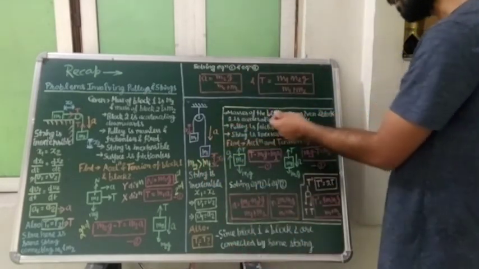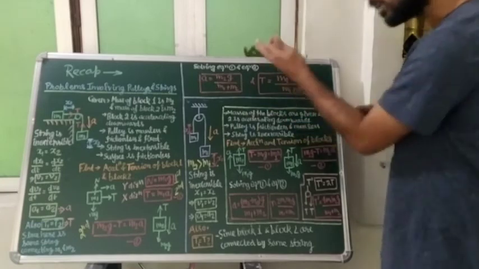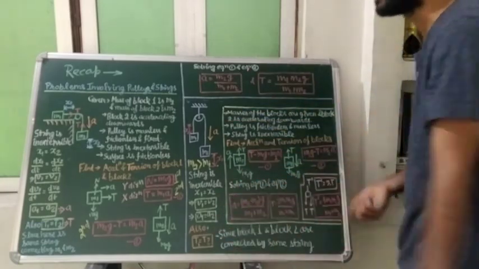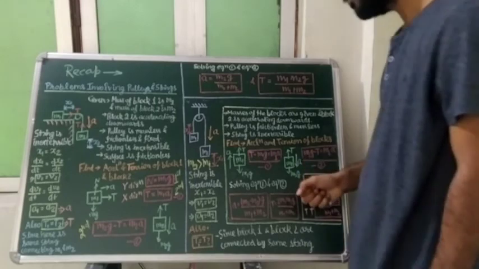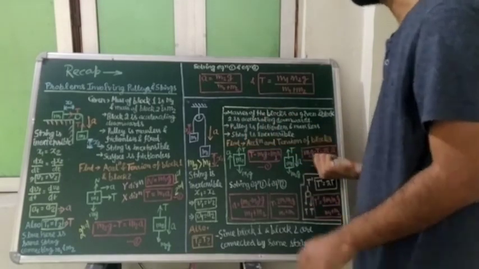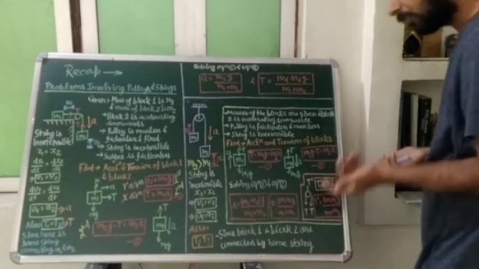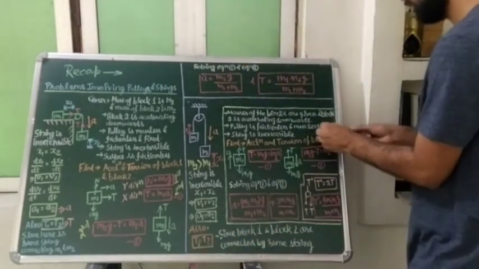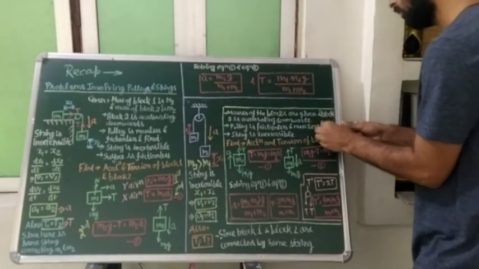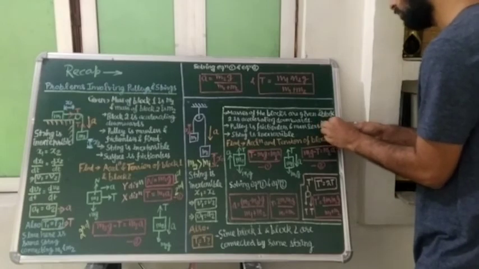The question says block 2 is accelerating downward, so m2 should be greater than m1. And the pulley is frictionless, massless, and fixed.